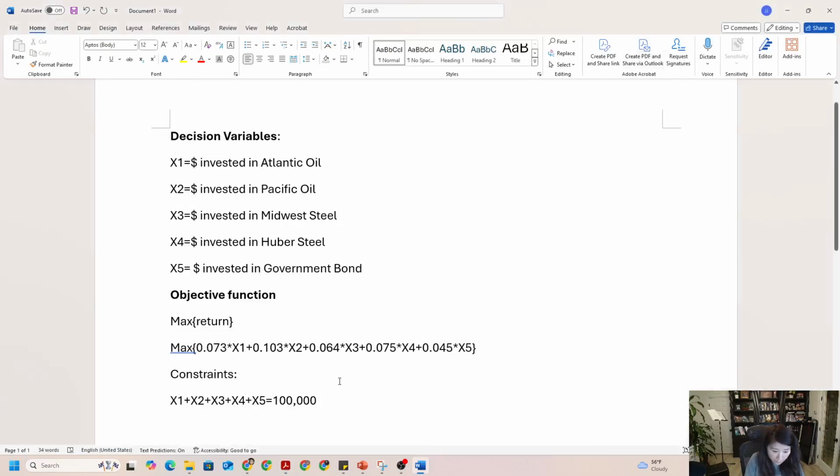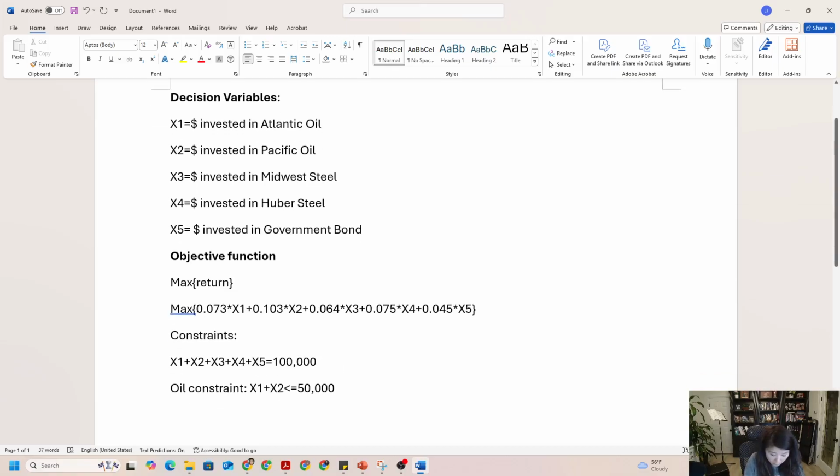So the oil constraint is x1 plus x2 has to be smaller than or equal to $50,000. And the steel constraint is x3 plus x4 also smaller than or equal to $50,000. So these are the two constraints related to this.